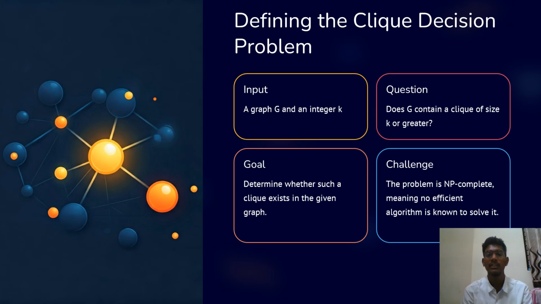And the goal is to determine whether such a clique exists in the given graph.